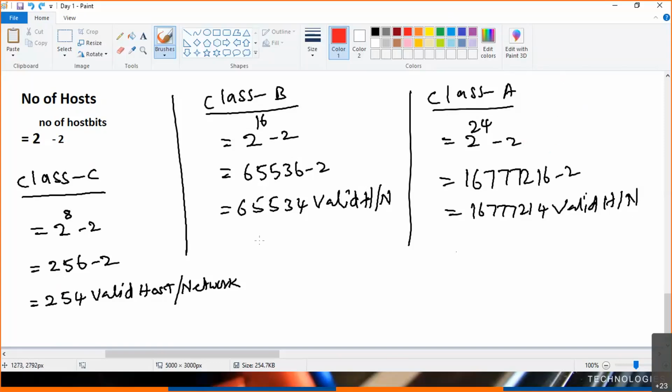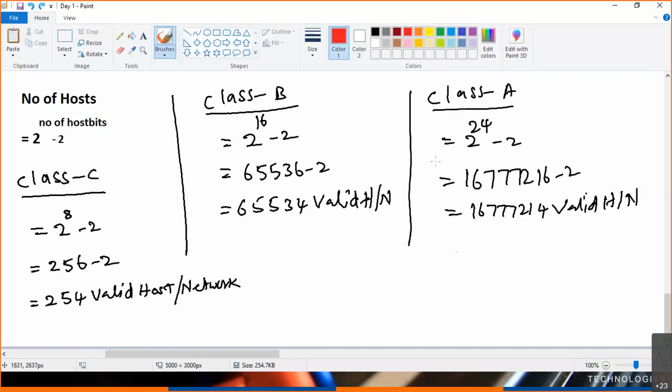If your requirement is more than 256 IP addresses, then you have to go for Class B. If your requirement is more than 65,000 IP addresses, you have to use Class A.